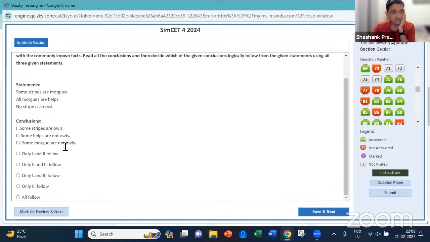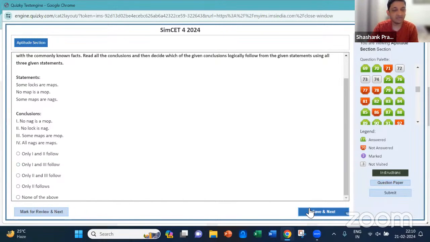No. No stripe is an owl. Some moths are not owls. Yeah, 3 is fine. I like 3. Some helps are not owls. I like 2. I like 2 and 3. I'll go for this. Okay.